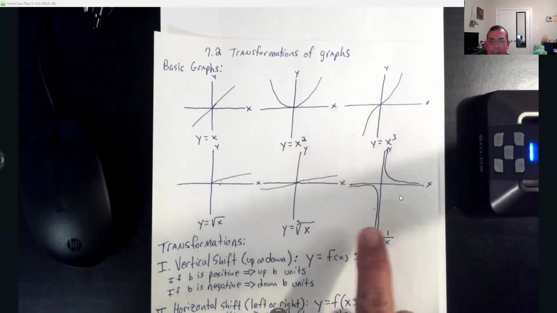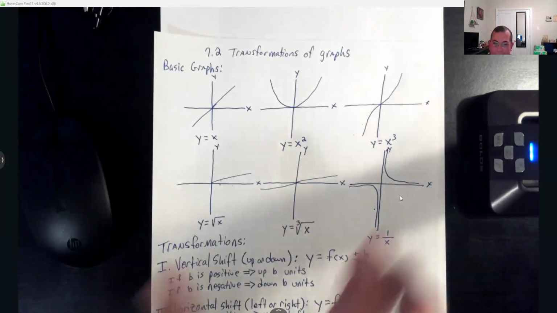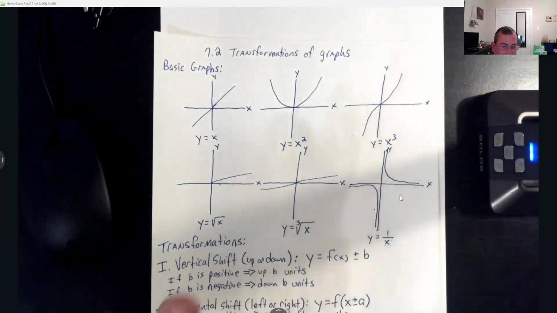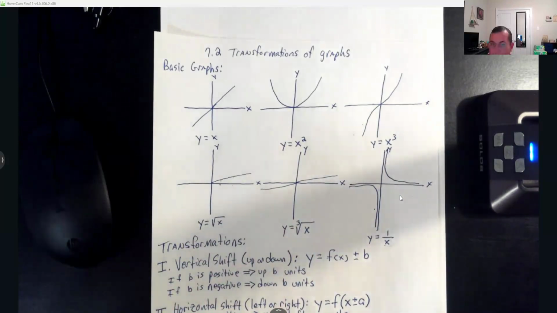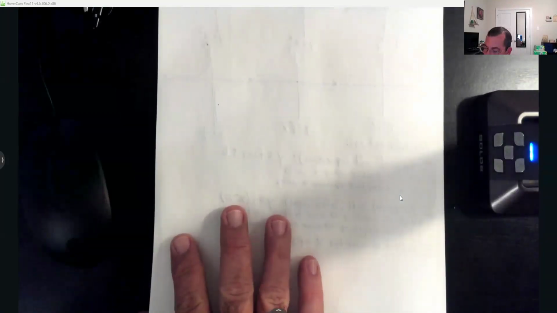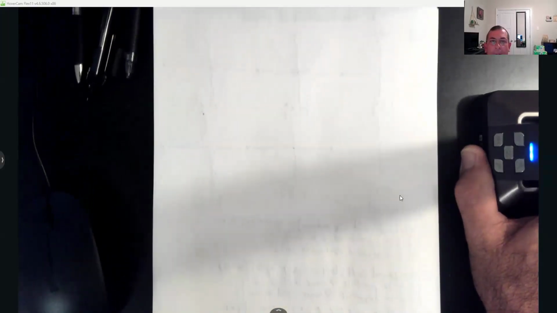All right, y'all. So the main thing is to remember what these basic graphs look like. Okay, so have a copy of that handy when you do these kind of problems. All right, so we're going to pull these up in MathLab so y'all can see how to graph them and do everything. So let me share MathLab.